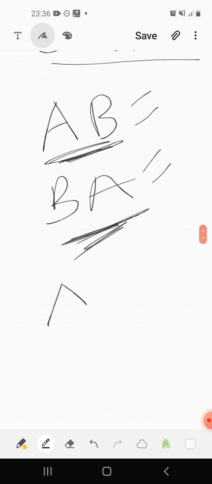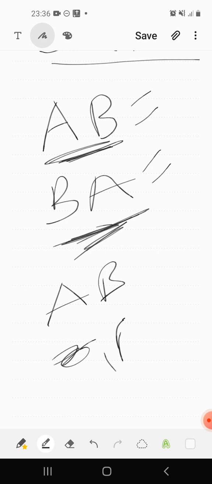When it is AB, write the two matrices as they are: write matrix A first and then multiply it by matrix B. When it is BA, write matrix B first and then multiply it by matrix A. Don't interchange them, or you get a different answer.